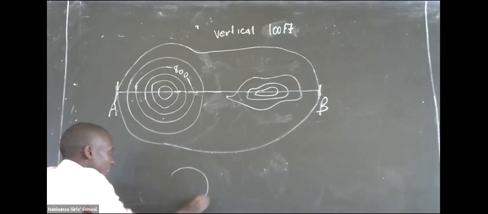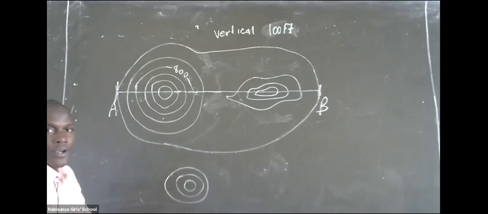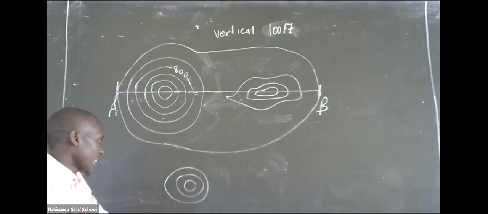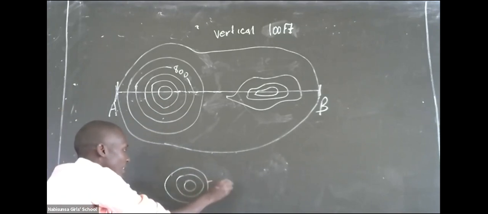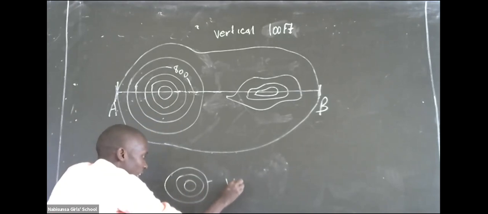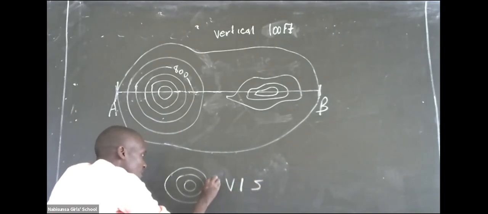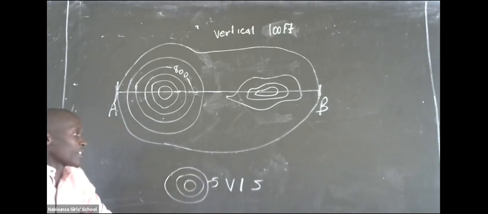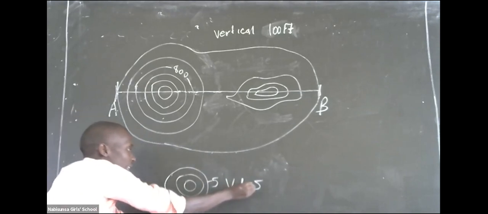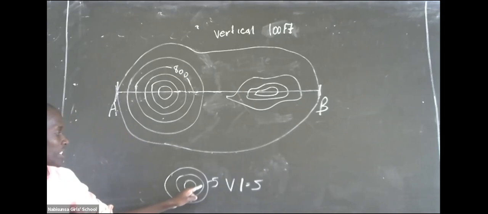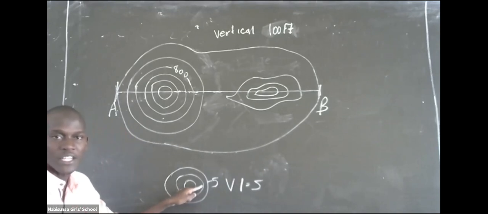But now looking at this one, assuming we are having this one and this one, they are three. Assuming the vertical interval here, we say that VI is 5. So if this one is 5, the vertical interval is 5, and this one is 5. What's the number for this one, which is inside?